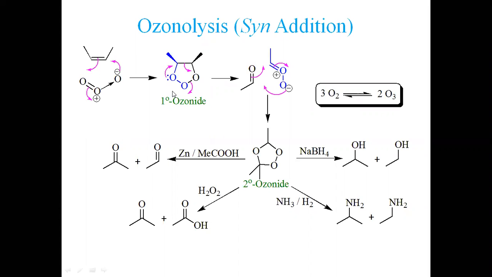According to valence shell electron pair repulsion theory, bond pair repulsions are the least, bond pair and lone pair are higher, and the most steric hindrance we observe is between lone pairs. Here, six lone pairs are present, so they shall repel each other. As a result, this ring shall cleave.